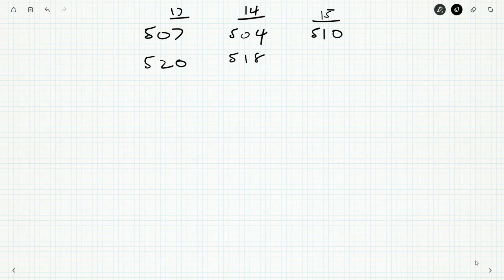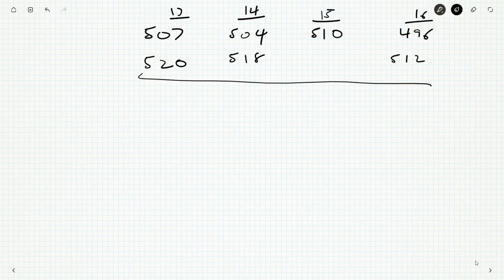And in terms of multiples of 16, 496 is a multiple of 16. And if I add 16 to that, 512 is a multiple of 16. So if I'd been a little smarter, maybe I could have only had to do these cases here. I think that would have been better.